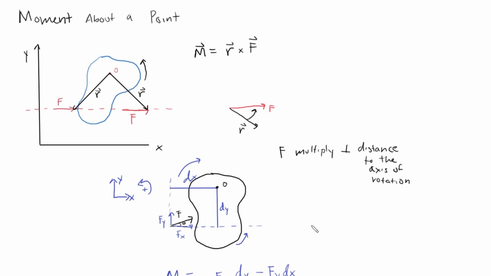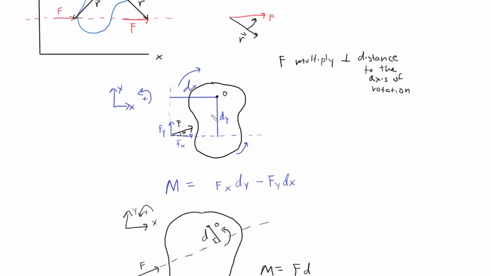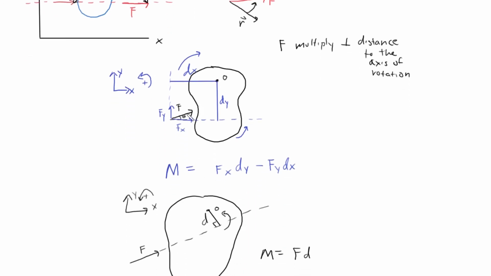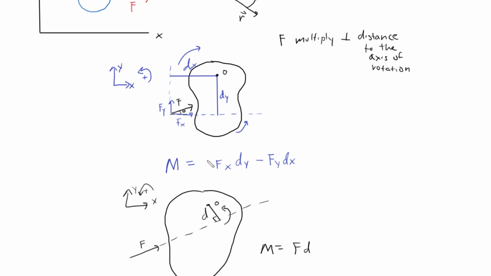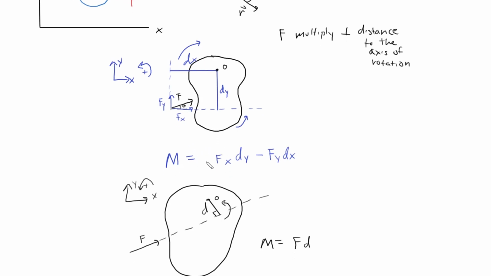The idea of an object's tendency to rotate can be found by using the cross product. Or we can break up the force into different components and multiply each component by its perpendicular distance, and we could find the magnitude of the moment by adding up the different moments based on the components.